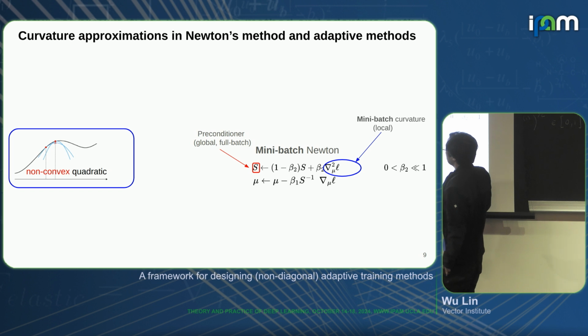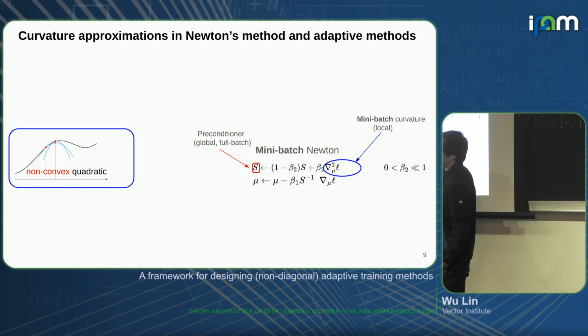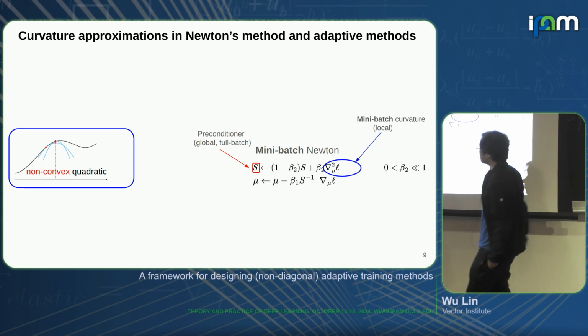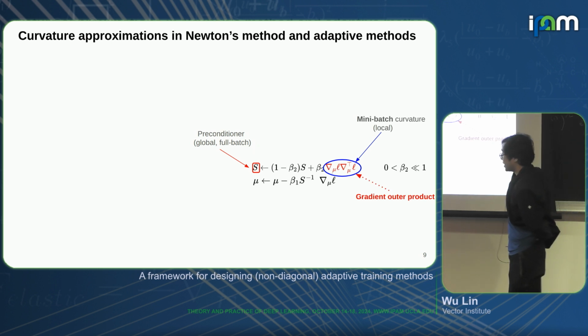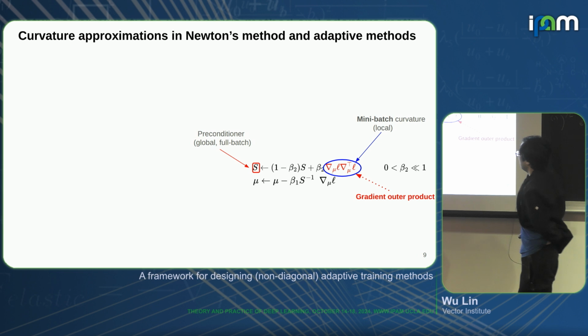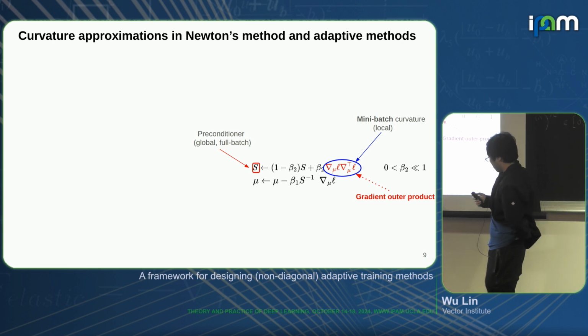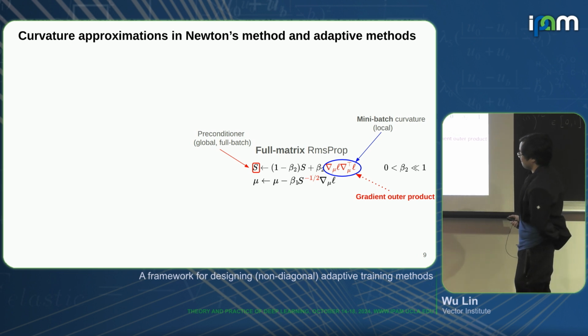In this case, Newton's method no longer returns a local minimum, although it is still a quadratic approximation, just a non-convex one. So in practice, we often consider a gradient outer product instead. And of course, for many well-known adaptive methods, a square root is also introduced when we update the neural net weights.